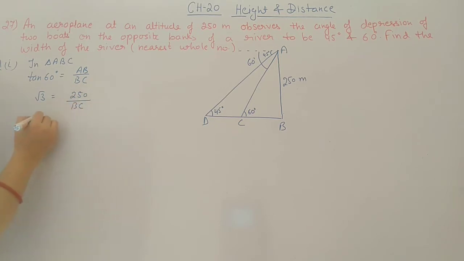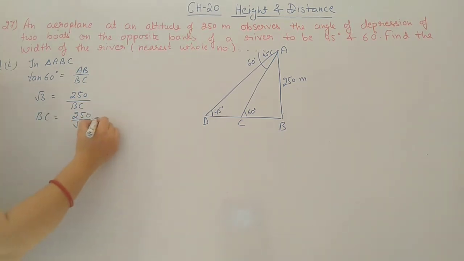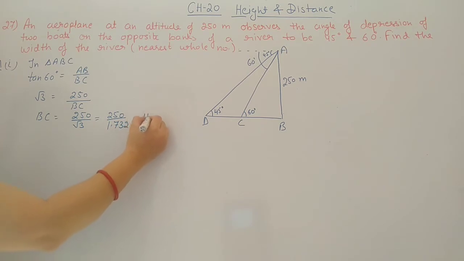So BC is equal to 250 by √3. Substitute the value of √3 and do the calculation: 250 by 1.732. After calculation you will get the answer 144.34 meter.